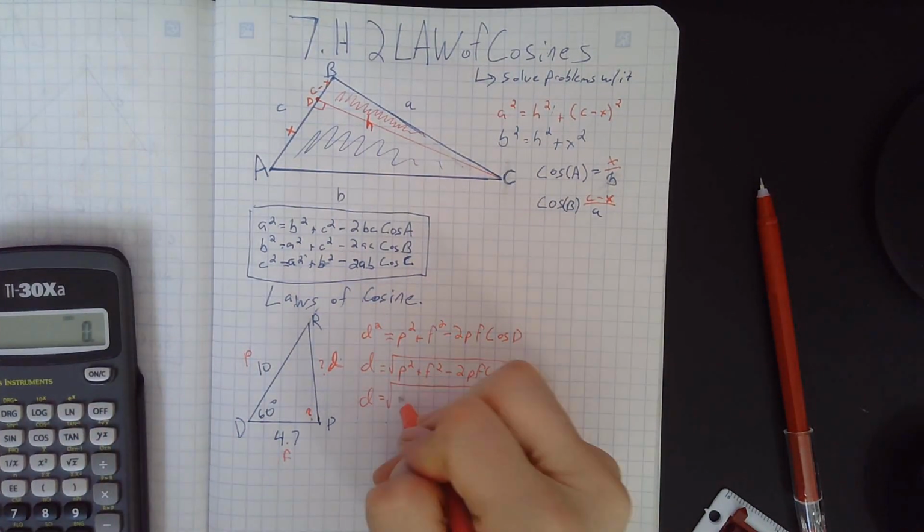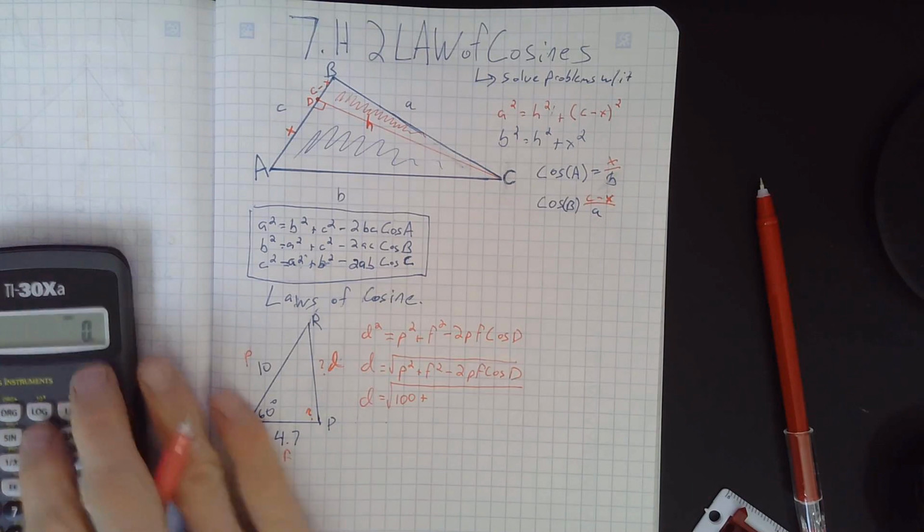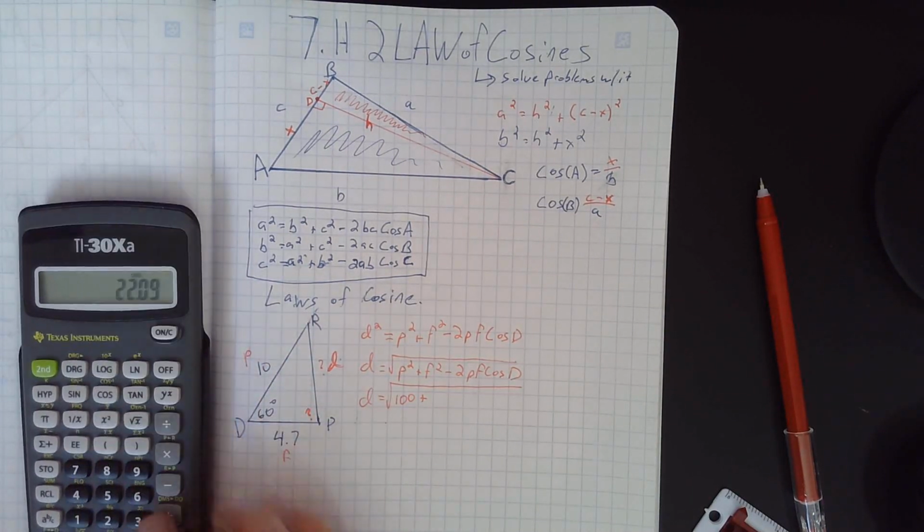All right, so 10 squared is 100, plus 4.7 squared, 22.09.